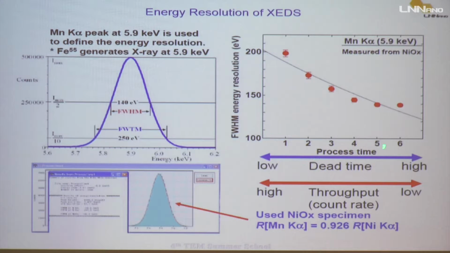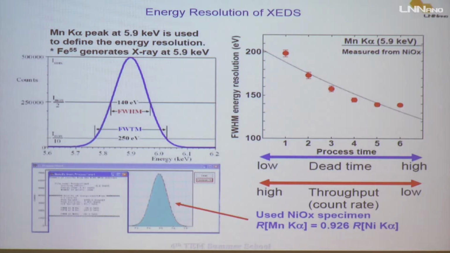One is the process time, which is the most important. It is the time the detector will be off to measure just one event.